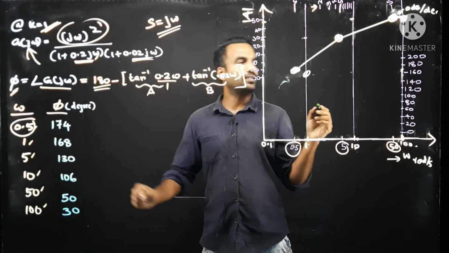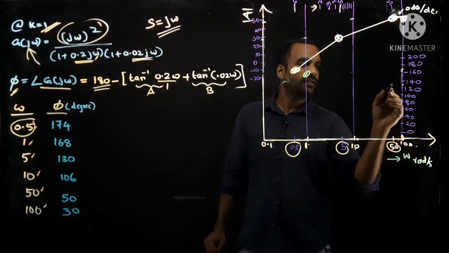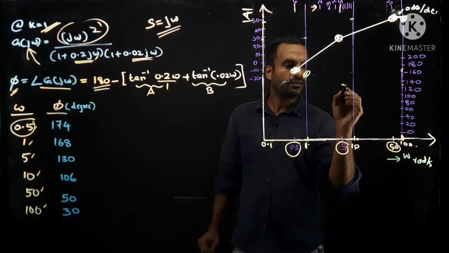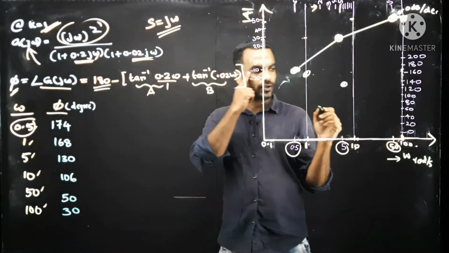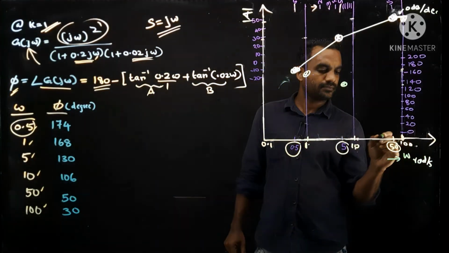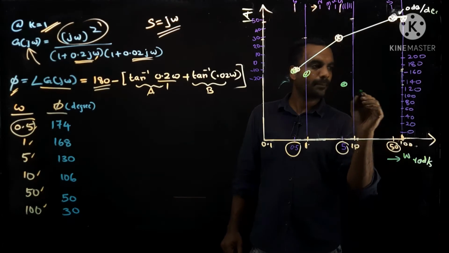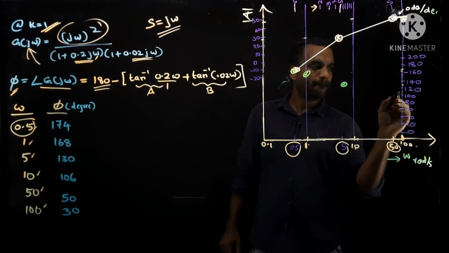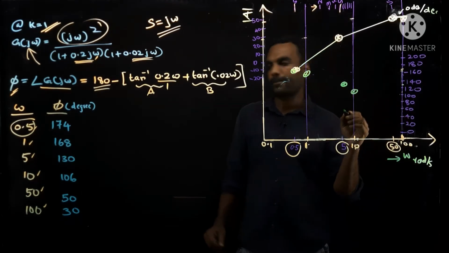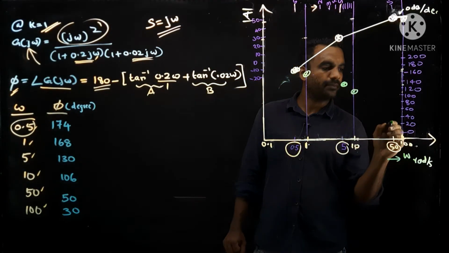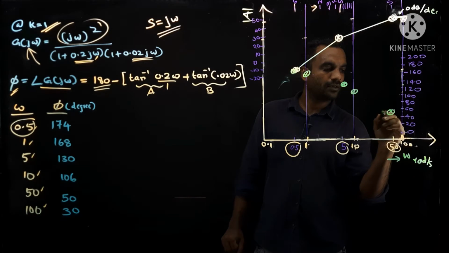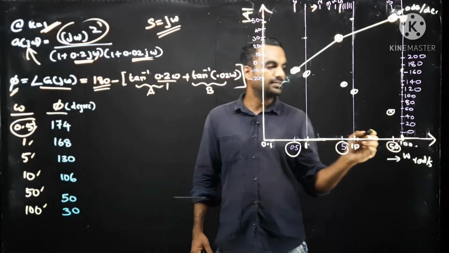For 5 it is 130. For 10 it is 106. For 50 it is 50. Both are same. And for 100 it is 30.